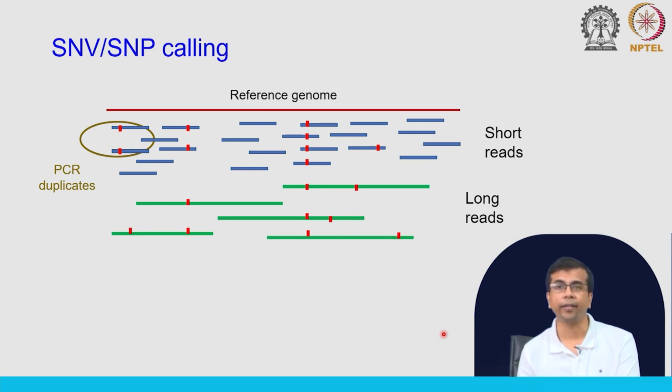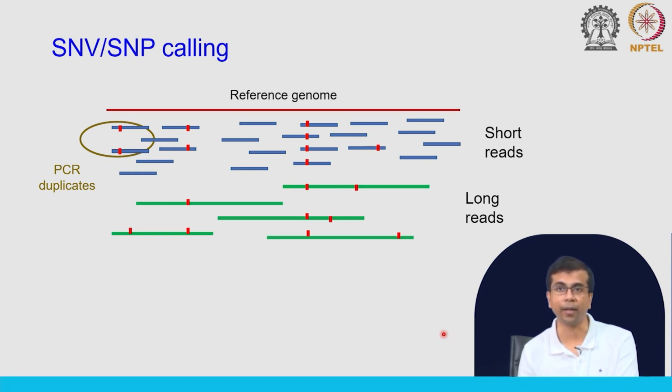Other mismatches could come from duplicates. We can falsely call an SNV or SNP if the variant is present in PCR duplicates: if two or more copies of the duplicates show the same variant, we might falsely call it an SNV or SNP. These are things we have to keep in mind when doing this analysis.